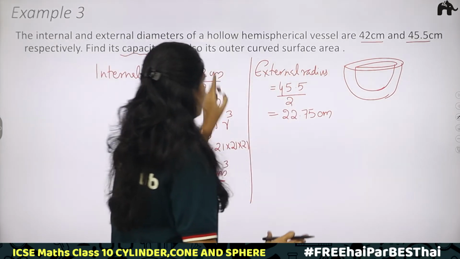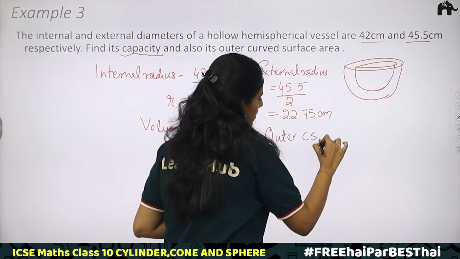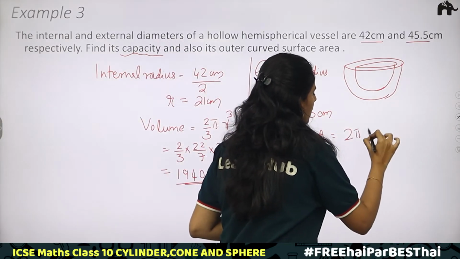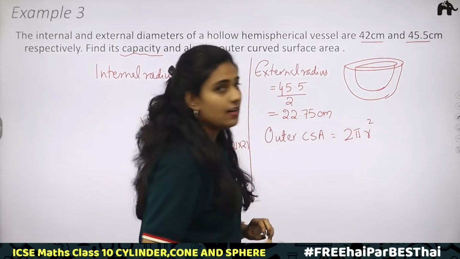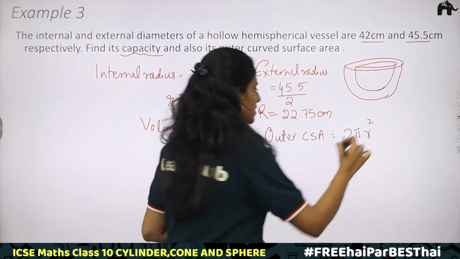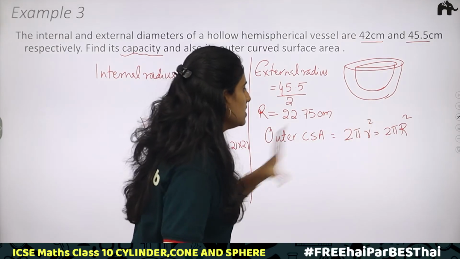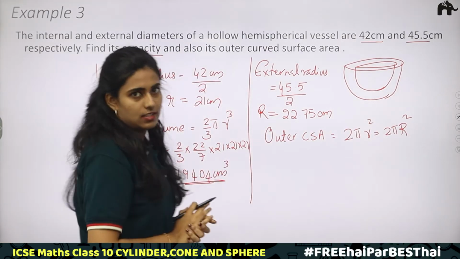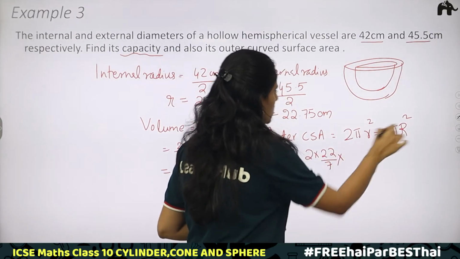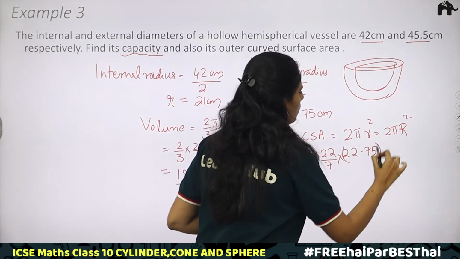Using the external radius, we can find the outer curved surface area. Outer curved surface area is equal to the curved surface area of a hemisphere, which is 2 pi r square. Here we have the outer radius, capital R. So you will be having 2 pi capital R square, not small r square, because in this case small r is the inner radius. 2 into 22 by 7 into 22.75 whole square.